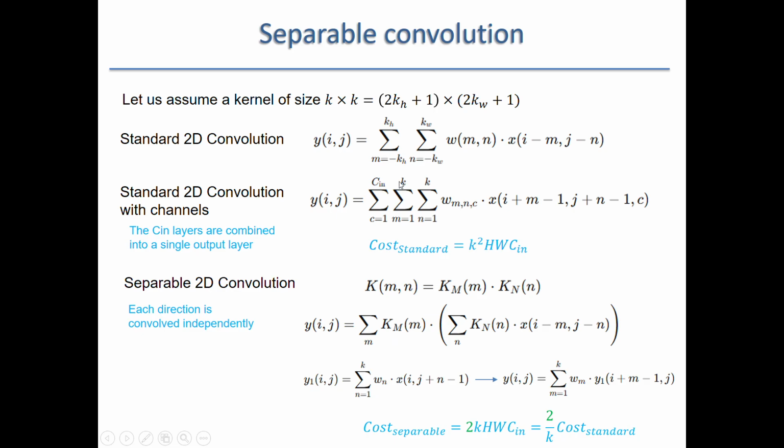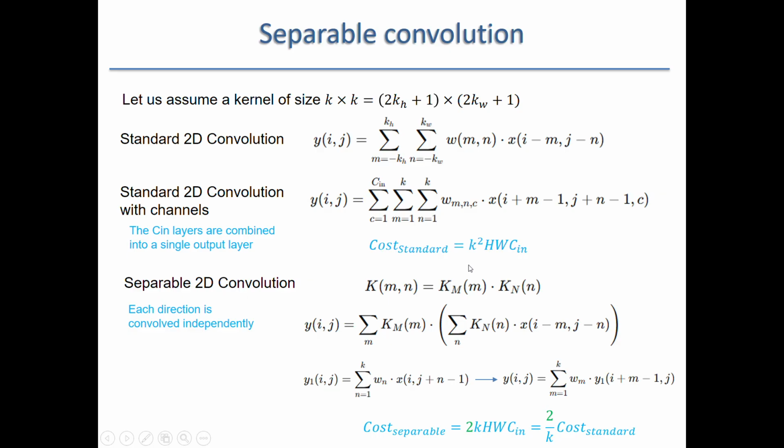This is a double sum, which is why the standard convolution requires k squared operations. But now we are doing just a one-dimensional convolution, whose cost is k, and this will produce a signal. Then this is another one-dimensional convolution.